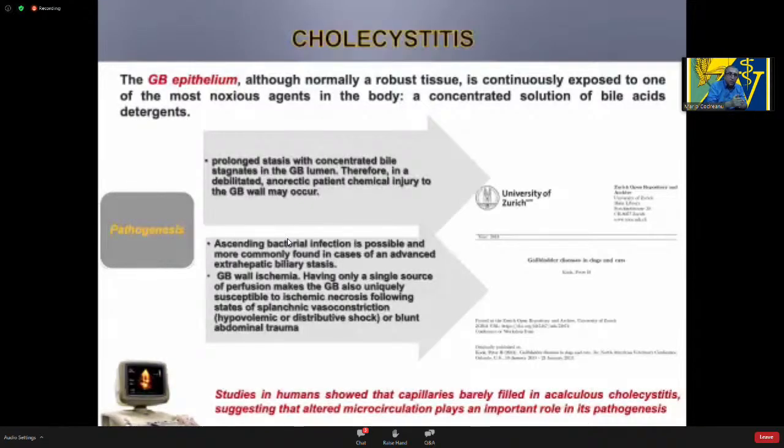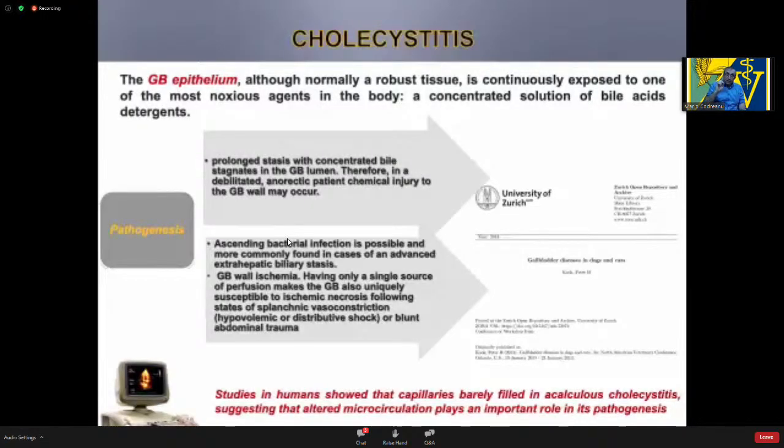Regarding the pathogenesis, try to follow the idea that a prolonged stasis with concentrated bile, which stagnates in the gallbladder lumen, is responsible for different clinical and pathogenetic changes, starting with an anorectic patient, in accordance with chemical injuries to the gallbladder, which can also be registered.